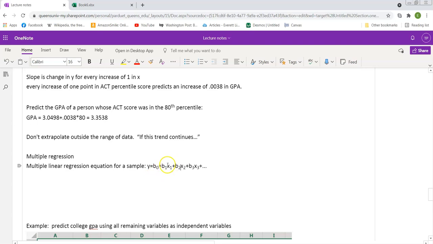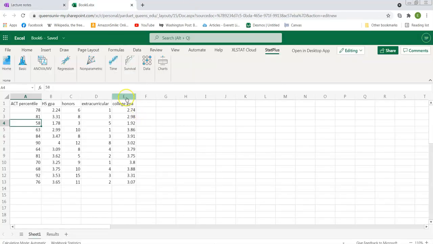So we've got variables x1, x2, and x3, and the coefficients on those are b1, b2, b3. And b0 is still our constant, or our intercept. So let's suppose we want to use the same data set and predict college GPA using all of these other variables.